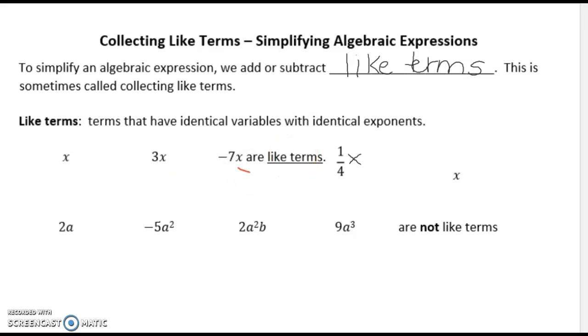So these all have x's. And they all have to have the same degree. Since there's nothing here, these are all ones. This has an a, and this has an a, but this degree is 1, and this degree is 2. This degree is 3. And this one has a squared b, so that's why they are not like terms.